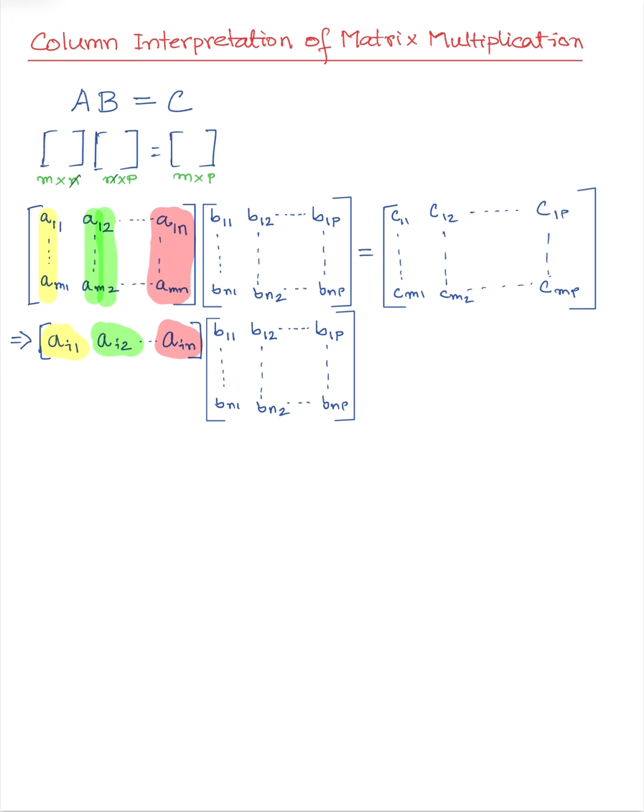All right. And then let's see this again for the columns of matrix C. We can color this in a similar way.